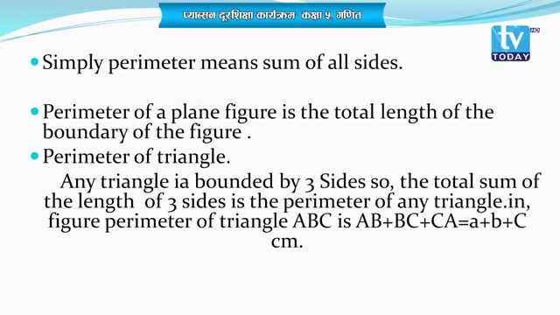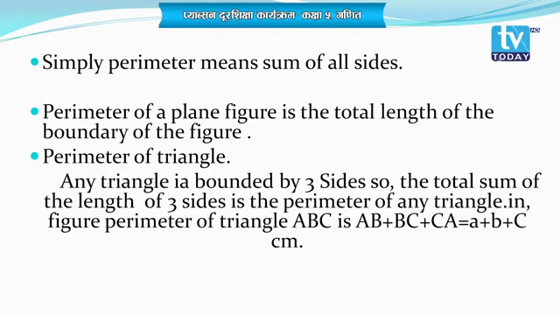In a triangle, give the names A, B, C, because there are 3 sides. Mention one side as A, another side as B and another side as C. So 3 sides will be there and their sum is the perimeter of the triangle.